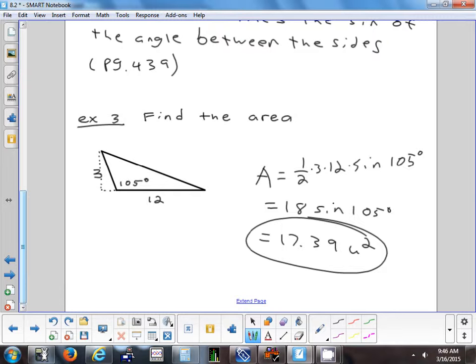It'd be more work to do it that way, but you could. You could find that height. You could also work backwards and find the height now that you know the area. Use your basic formula, area is half base times height. Well, you know the base is 12. You know the area. You could solve for the height that way too.